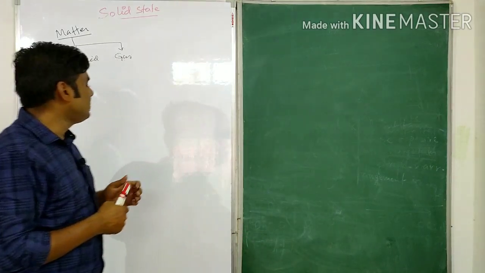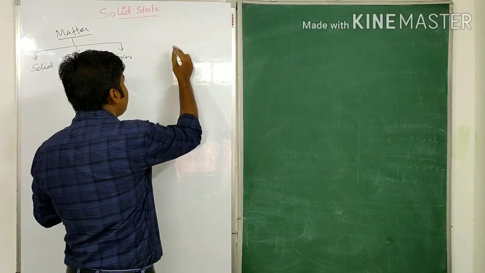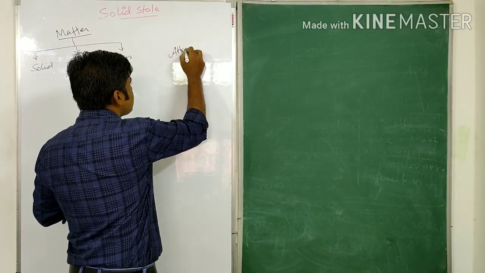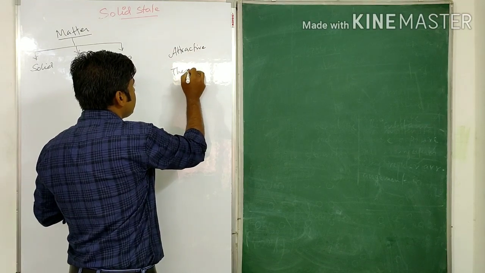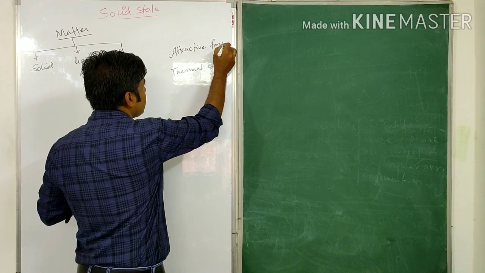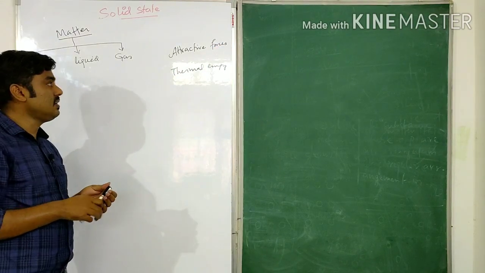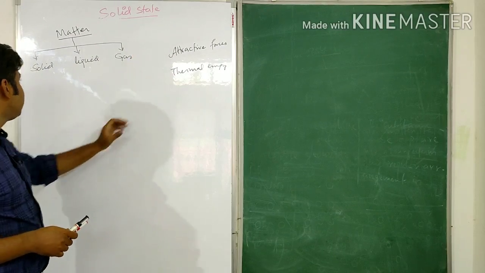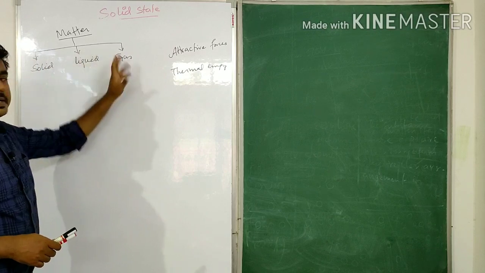So the resultant, or the outcome, of these two forces, attractive forces and thermal energy of motion, will decide the state of matter, whether they are solids, liquids, or gas.